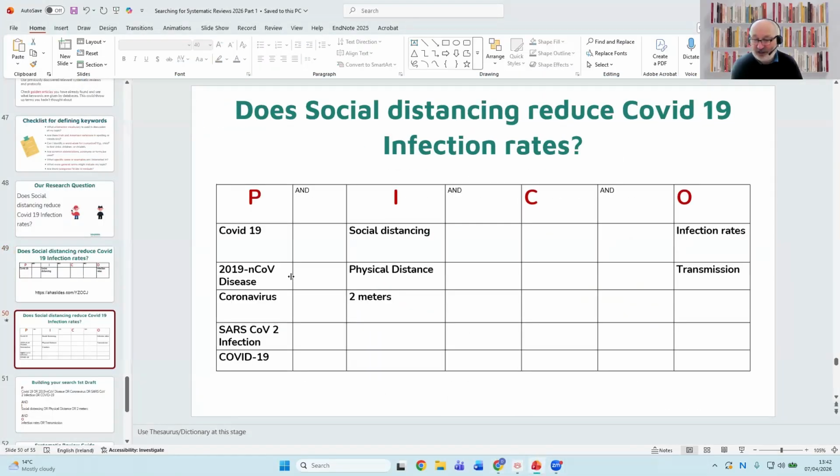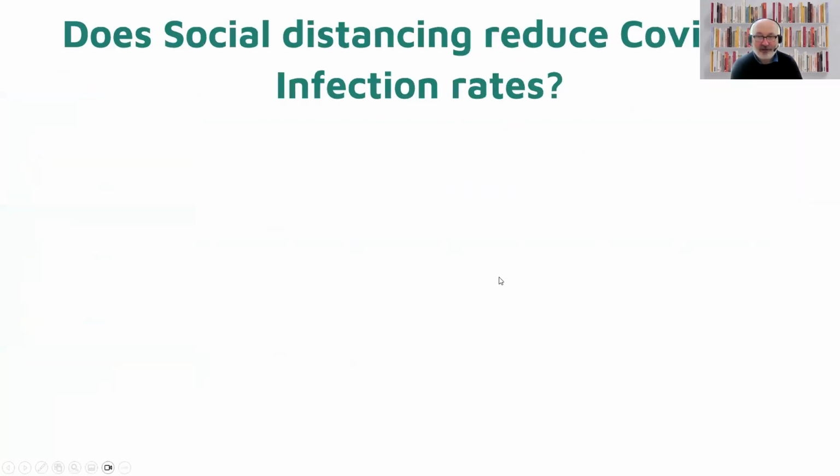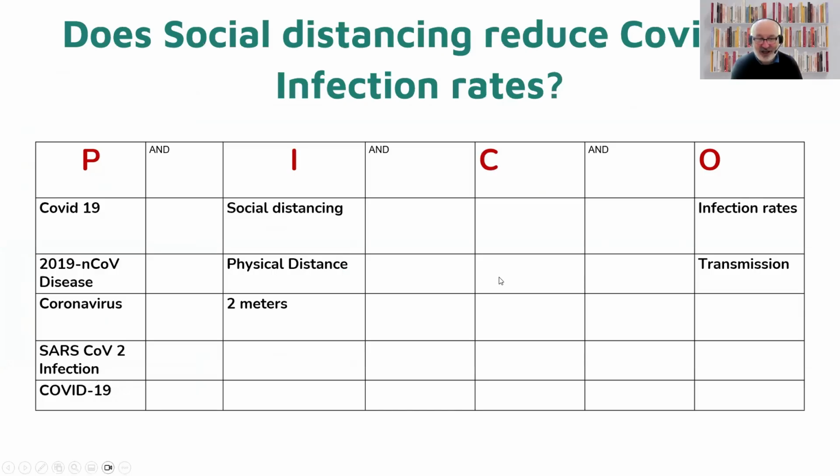So got COVID-19, 2019 nCoV disease, coronavirus, SARS-CoV-2 infection, COVID-19. If you're around on Thursday, I'll give you a really long potential list for all the ways you might need to search for COVID-19. It's a lot more than you would actually think.